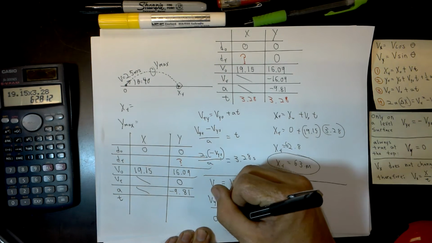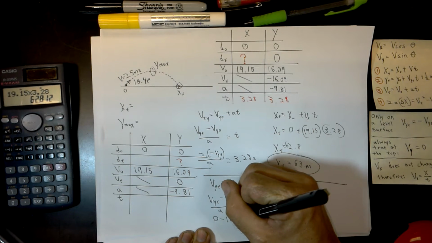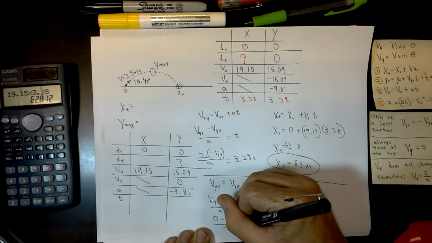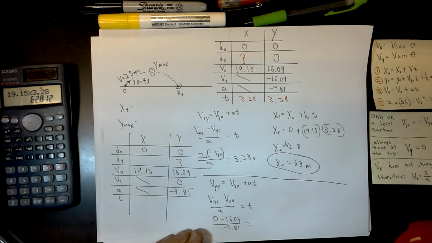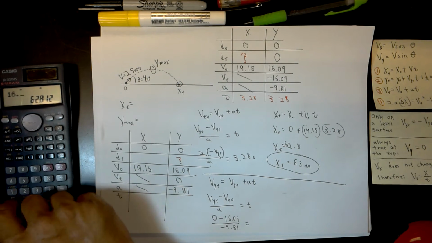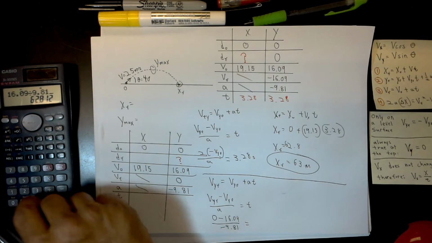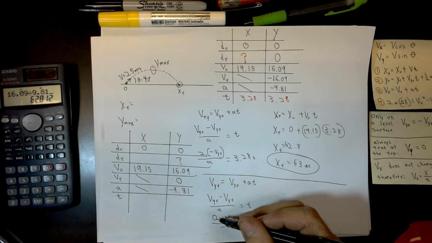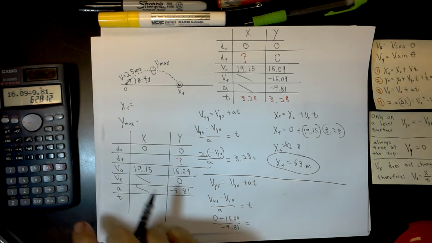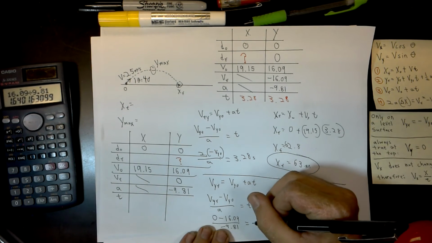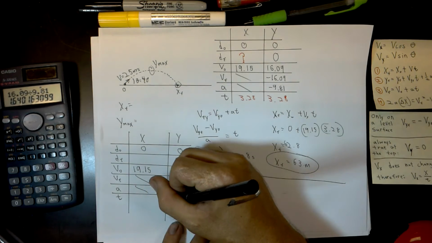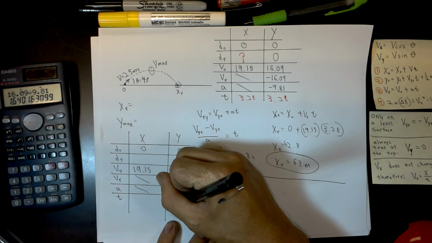The initial was 16.09, so minus 16.09 divided by a negative 9.81 equals the amount of time. On my calculator, I'm typing in 16.09 divided by 9.81 because that 0 is irrelevant and those negatives go away. I get 1.64 seconds. So I write it over here, 1.64.